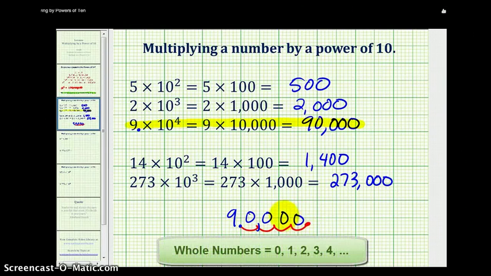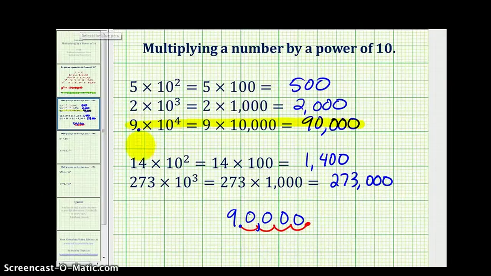So when multiplying by a power of 10 with a whole number exponent, we can just move the decimal point to the right the same number of places as the exponent. Notice for 14 times 10 to the second, if we have 14, the decimal point there, move the decimal point 2 places to the right, we would have 1,400.